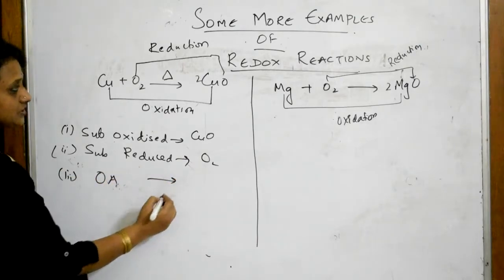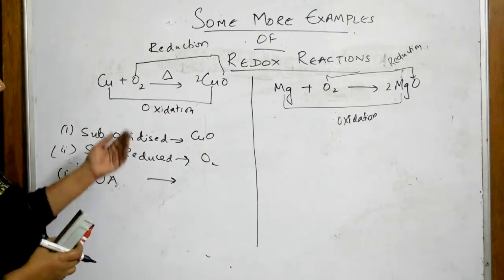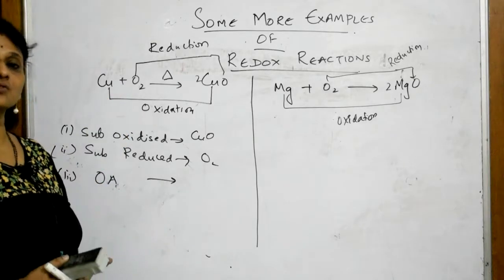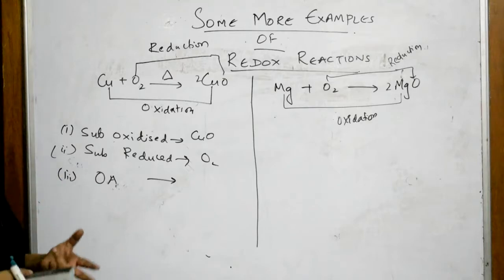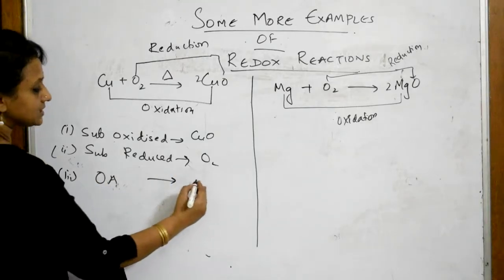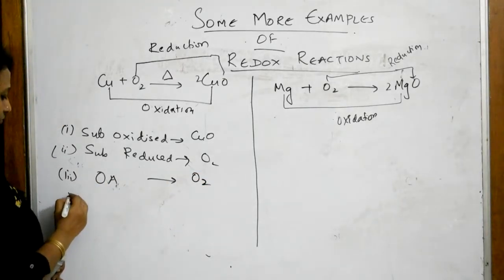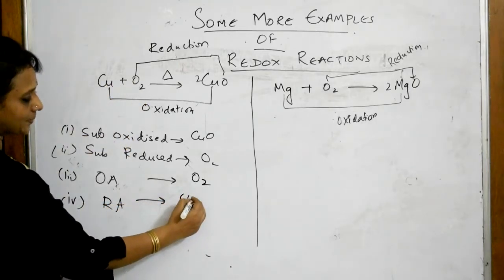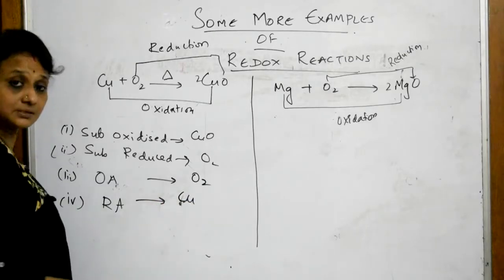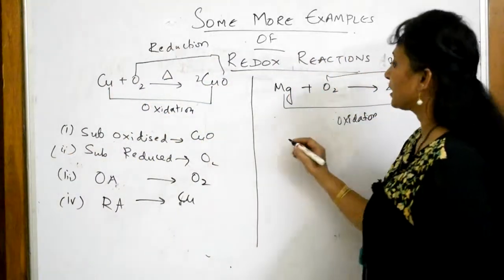Oxidizing agent: I said it is the substance which supplies oxygen in the reaction. Which is supplying oxygen? Oxygen here, so the oxidizing agent is O2. When O2 is the oxidizing agent, automatically the reducing agent is copper. Simple.